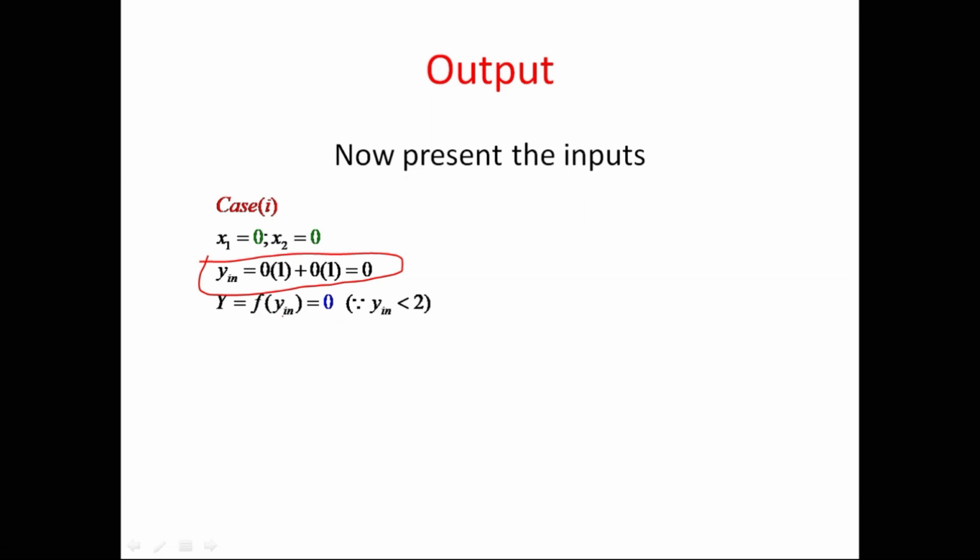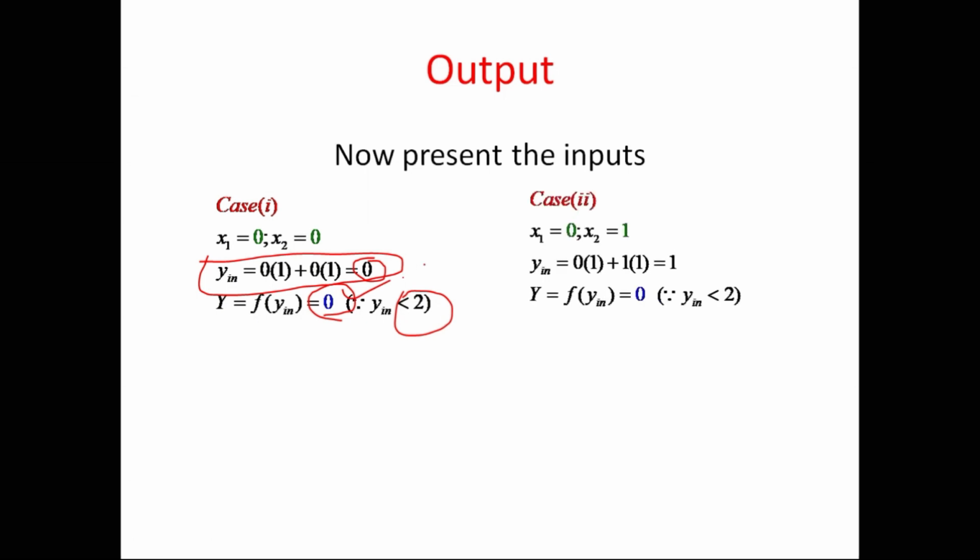Why is it 0? Because according to the activation function, the induced local field is less than 2, so the value will be 0 here. In the same lines we can see case 2 also. For case 2, the induced local field is 1, which is less than 2, so the value will be 0 as per the activation function.